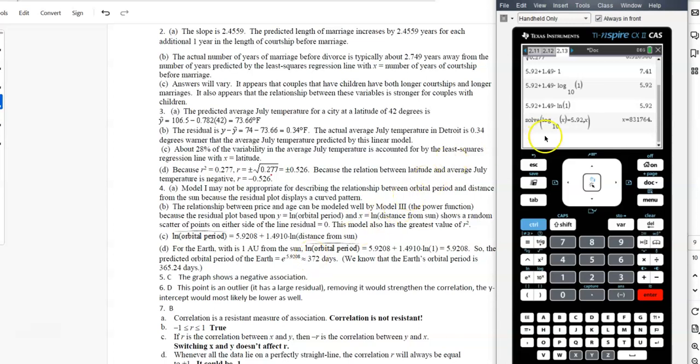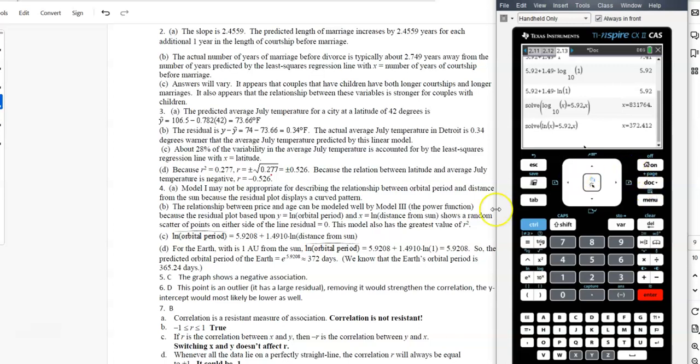I know what I did wrong. I'm used to doing regular log, so we're going to go menu 3.1, natural log of x equals 5.92, comma x. Okay, now we're talking.